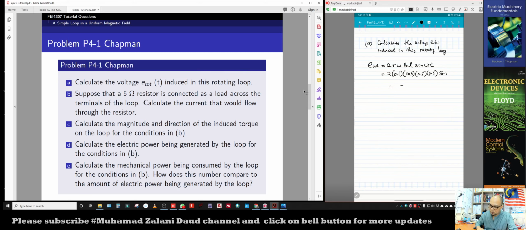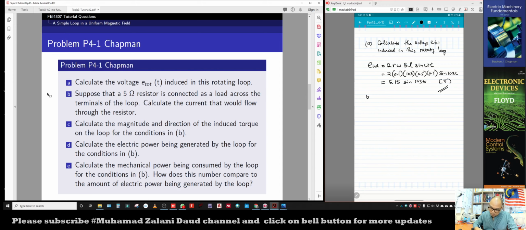So we can just substitute sine 103 t. So that is the induced voltage for this particular wire loop inside the uniform magnetic field. Then we can further calculate this, and we get 5.15 sine 103 t in volts. So that is the answer for A, right?